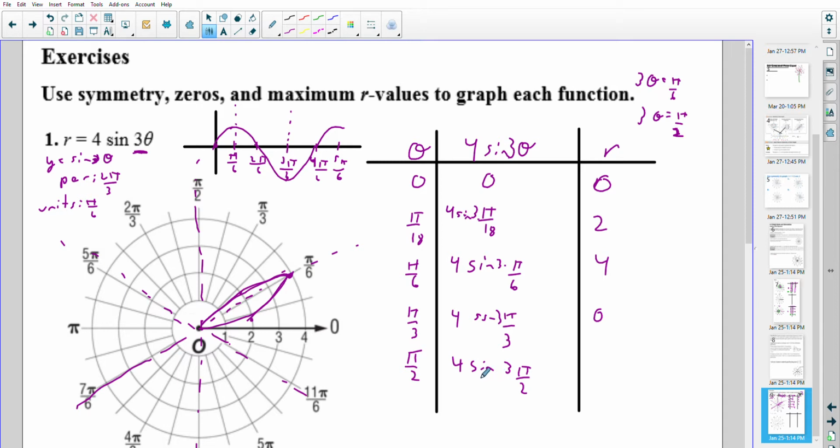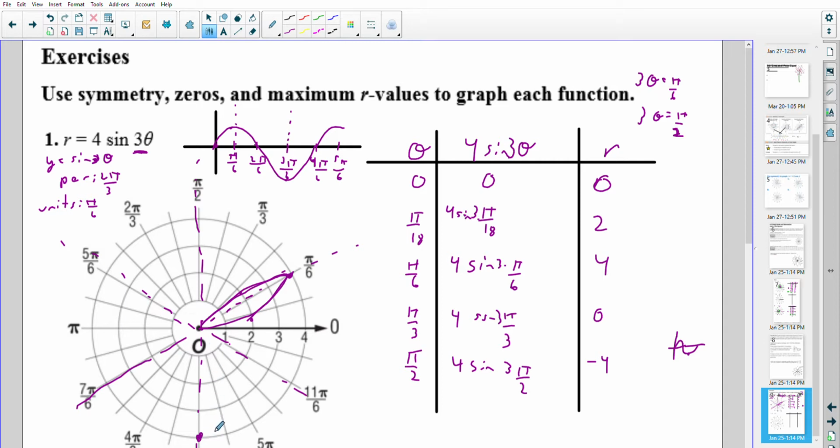Sine of 3 pi over 2, if I did a normal graph here, it's going to be that point, -1. So that's -4, meaning at pi over 2, it's a -4. 1, 2, 3, 4. So that's going to come back down like that.